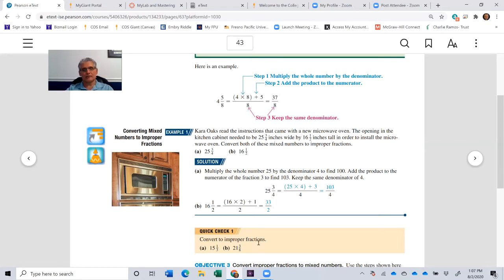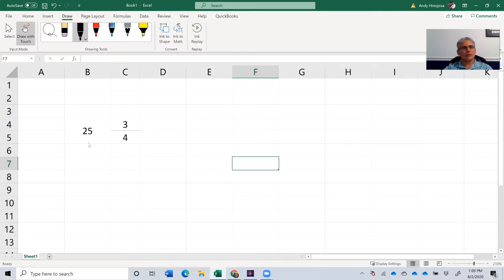So the book talks about taking the whole number and multiplying it by the denominator. That works, but generally speaking, the way I learned how to do this was I started from here and just worked my way this way. So in other words, I'll start here.